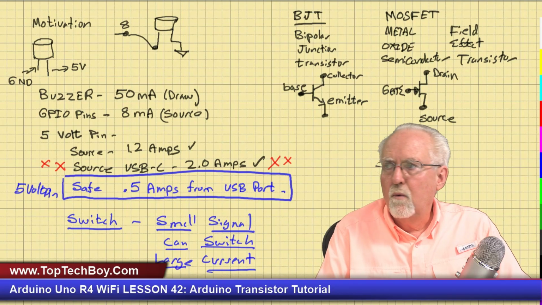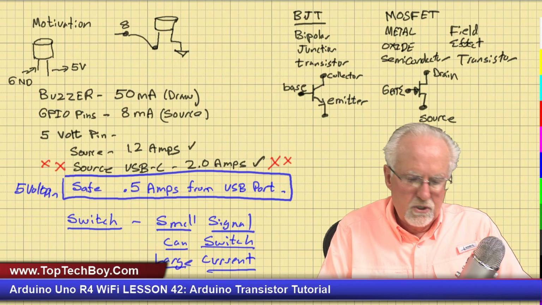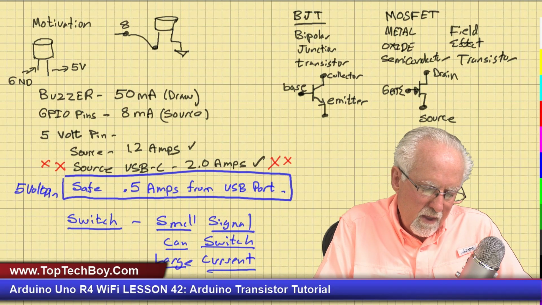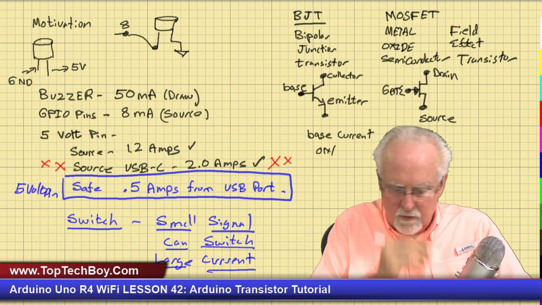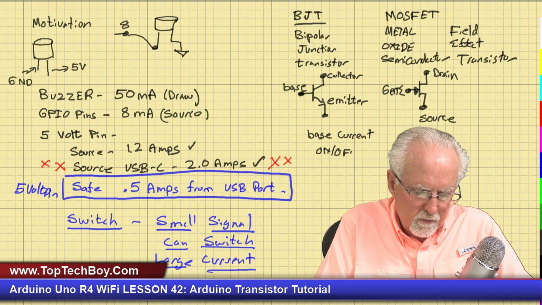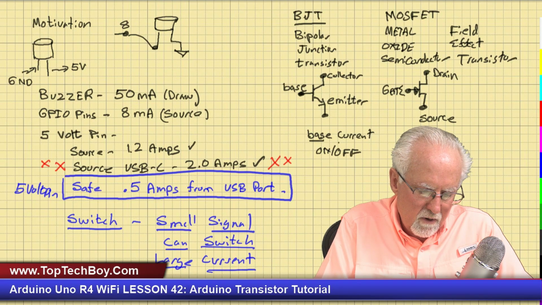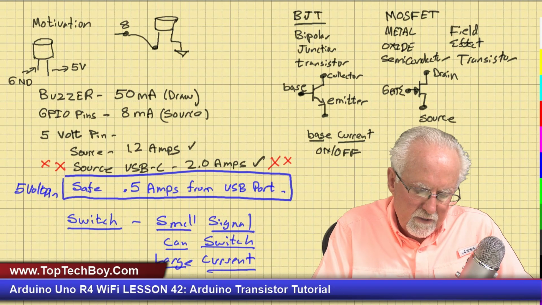Okay, now what is the difference between these two types of transistor? For this one, the base current turns the transistor on or off. Okay, the base current. In the MOSFET, the gate voltage.